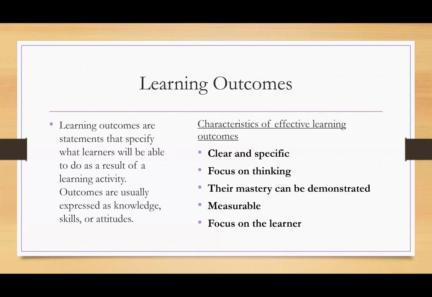The third criterion, mastery demonstration. Good learning outcomes are accessible, meaning that the teacher can design a fair and valid way to demonstrate students' mastery of every point related to that outcome.